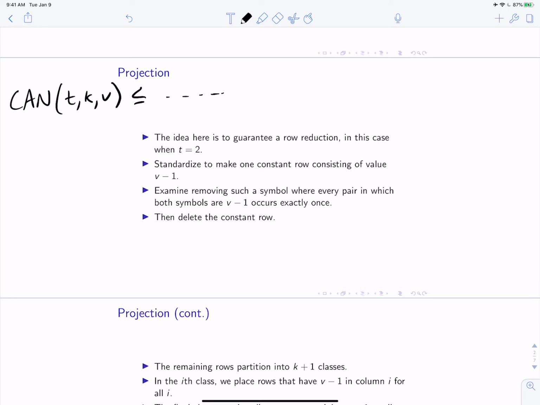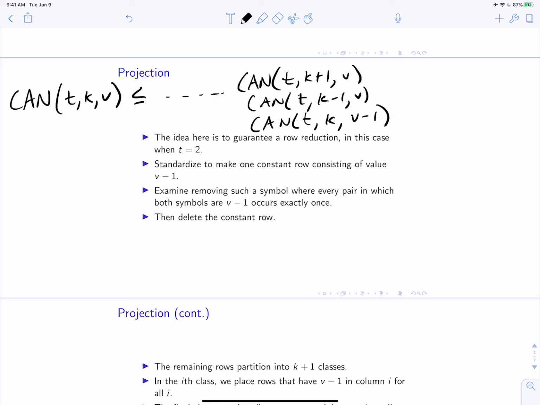Okay. So all the bounds that we have gotten so far are CAN(t,k,v) less than or equal to something. And the usual suspects are something involving, let's say, CAN(t,k+1,v), or CAN(t,k-1,v), or CAN(t,k,v-1), or something along those lines, where we modify one of the parameters each time.